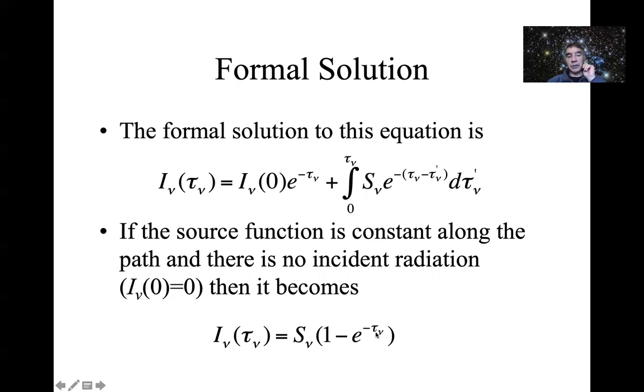So if tau is much greater than 1, then I nu just becomes S nu. Conversely, if tau nu is very small, you can look at the series expansion of e to the minus tau, which will basically just be 1 minus tau plus higher order terms. In that case, this would just become S nu times tau nu.